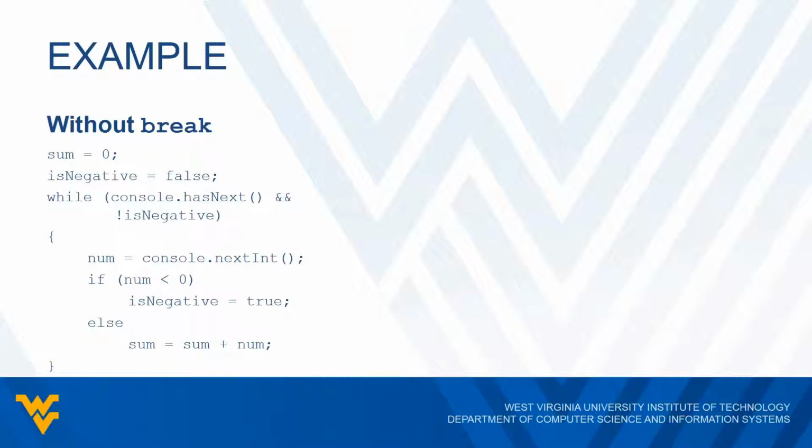We read in a value, and then we check if it's less than 0. If so, we set isNegative to true, which means we're done and we don't add up any more things. Otherwise, we take our value and add it to our sum. So we're just reading one integer at a time in our file, and we keep doing this until we're either at the end of the file or the value that we read is negative.